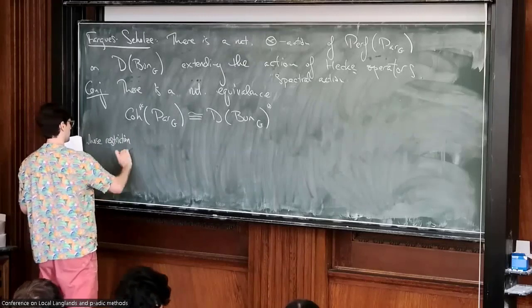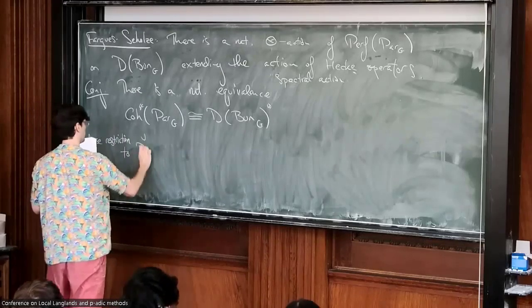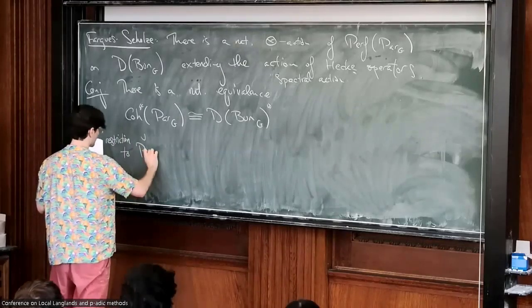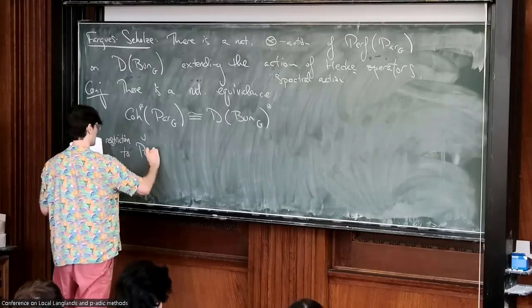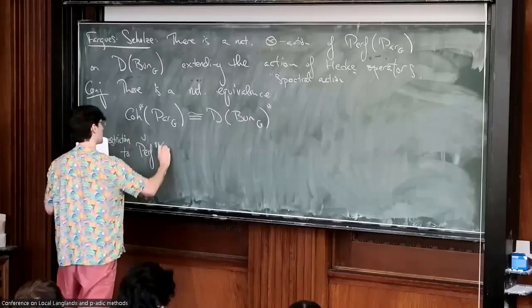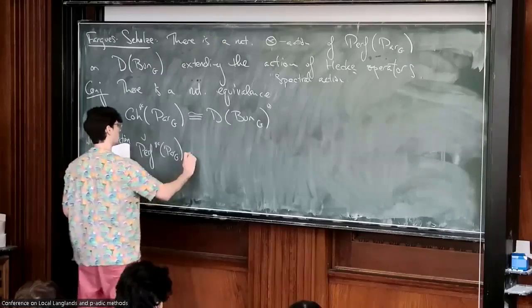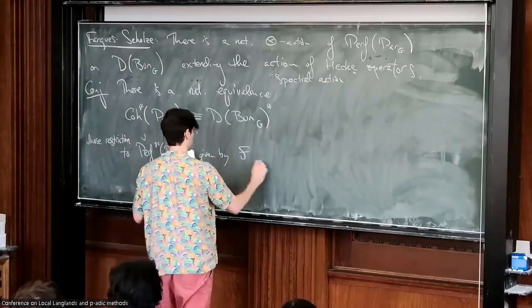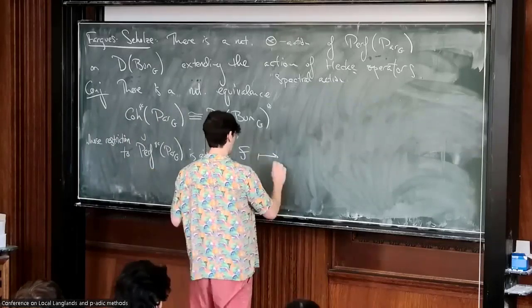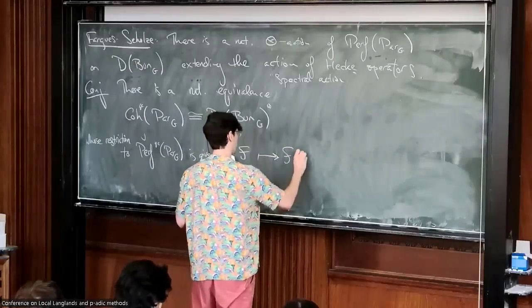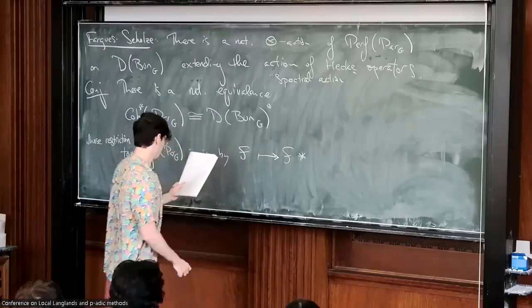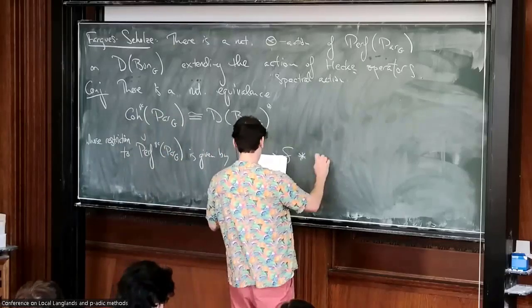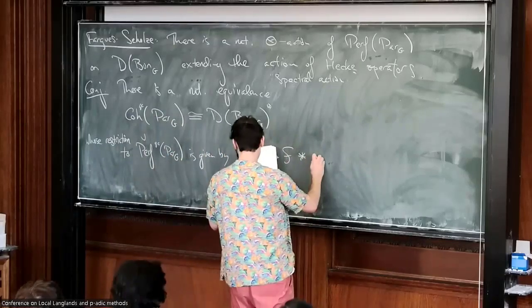Whose restriction to the subcategory of compactly supported perfect complexes here is given by taking such a perfect complex and sending it to what you get by acting spectrally on a very specific sheaf in Bun_G.